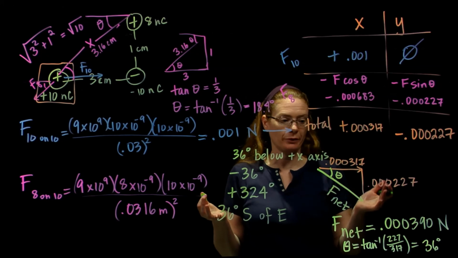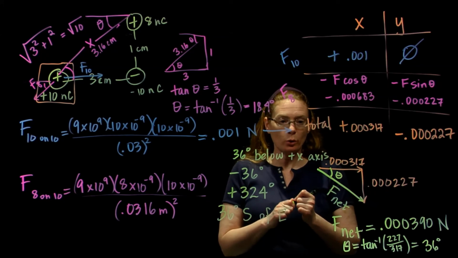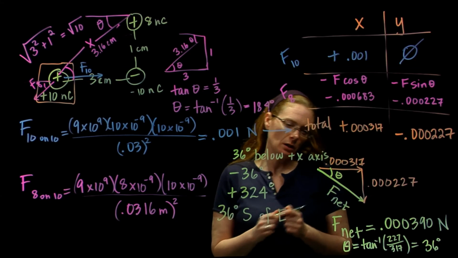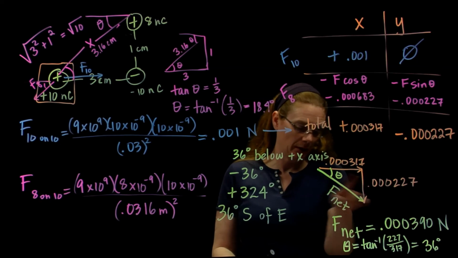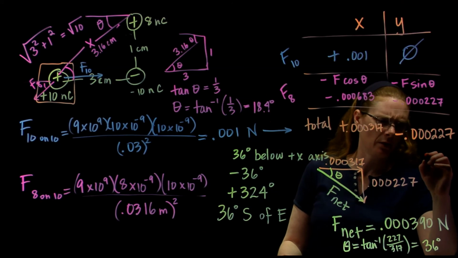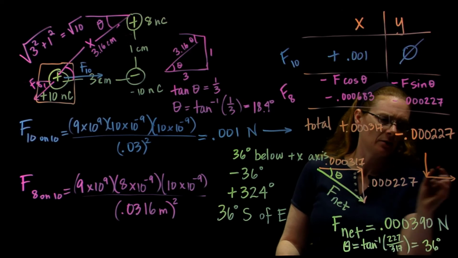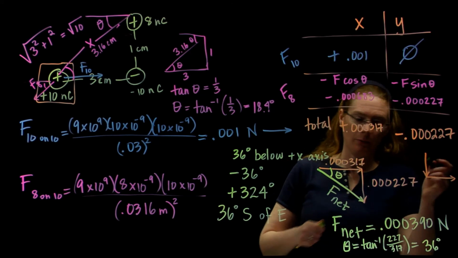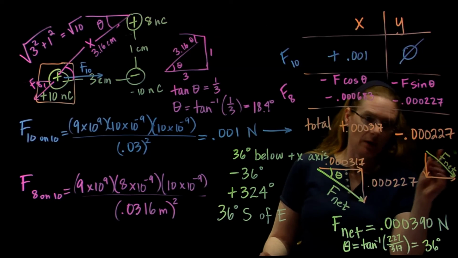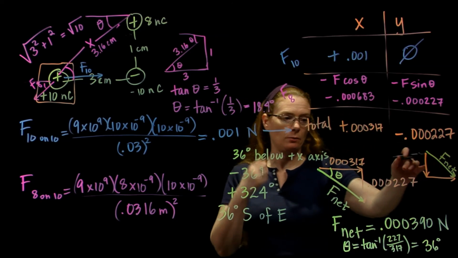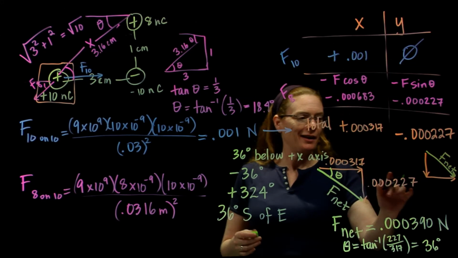Those would all be perfectly legitimate answers. You could also give me this angle. If you did the down and then over, and figured out this triangle, you still get the same F net. Your answer for F net is going to be the same, which it better be at least.